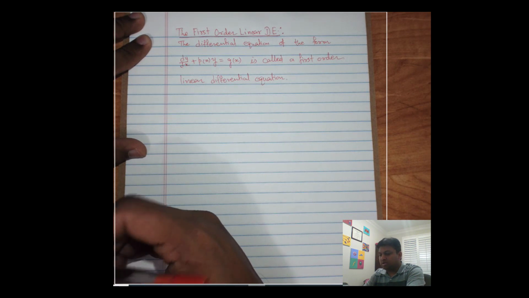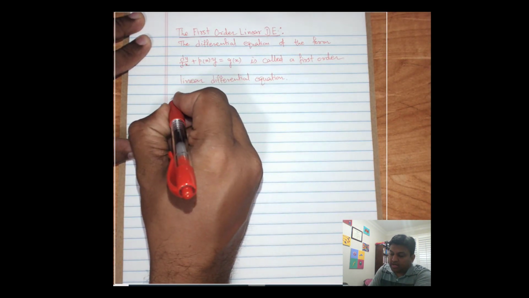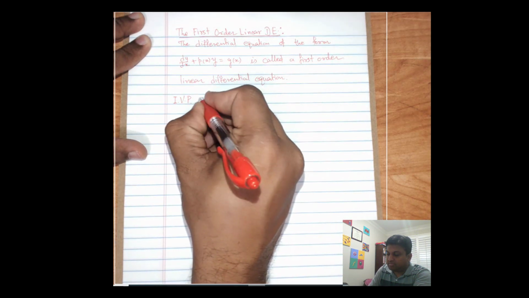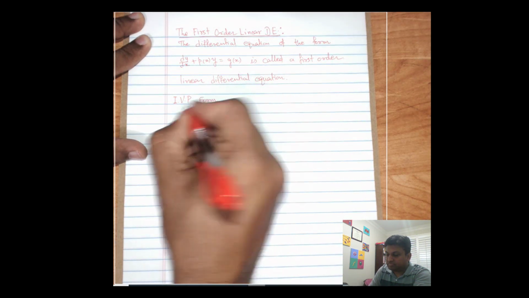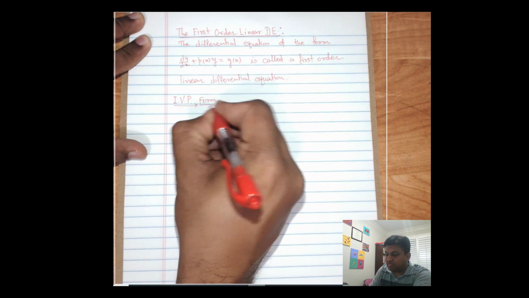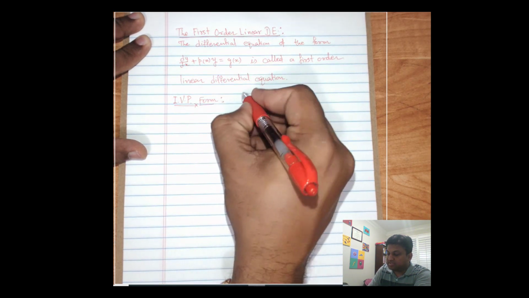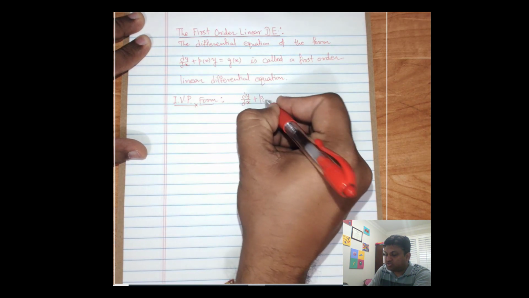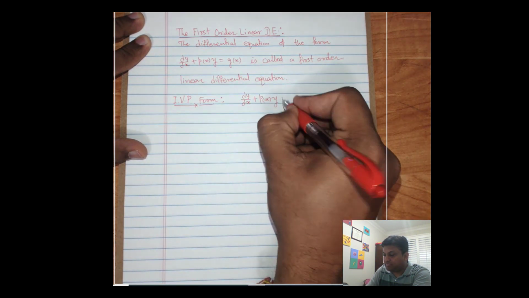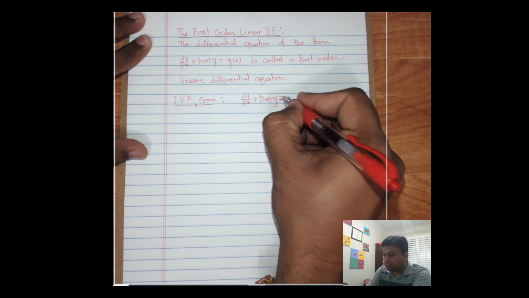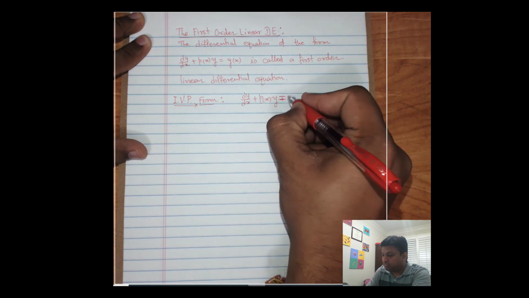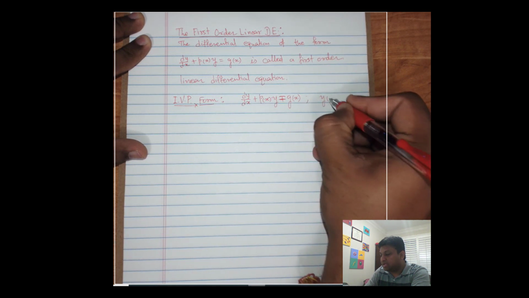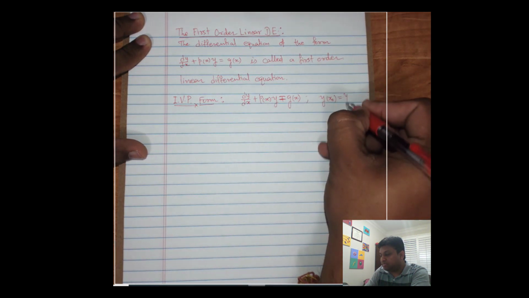Alright, it's a very simple definition. dy by dx plus function of x multiplied by y equal to another function of x. Any differential equation that is in this form, we would like to call the first order linear differential equation. We have studied initial value problem, so we are interested in its IVP form as well. It is dy by dx plus function of x times y equal to some function of x with some initial condition given.